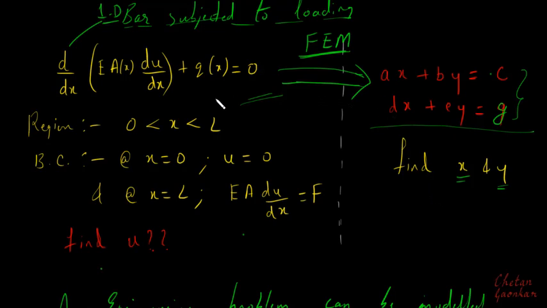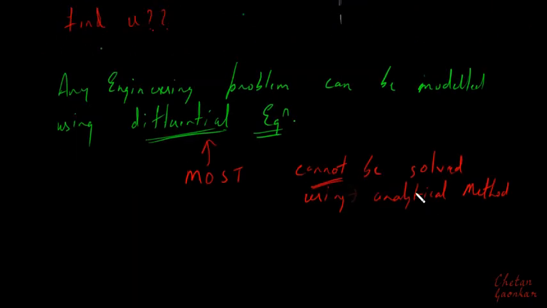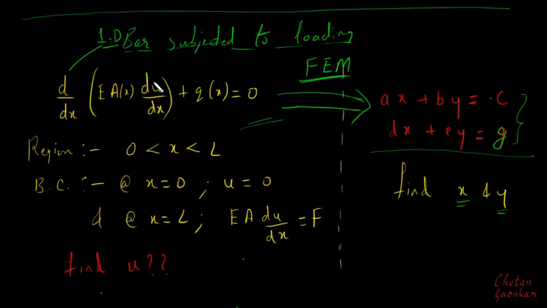In the process of converting the differential equation into a set of linear algebraic equations, we do a lot of approximation, and that is the reason the final results from the finite element method are not accurate but approximate, right? Now let us see how exactly we get this kind of equations.